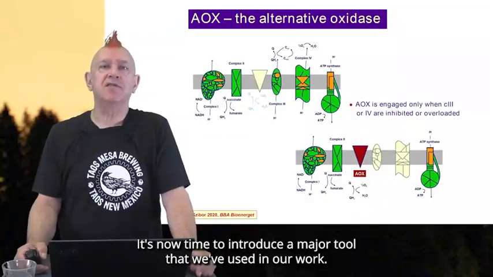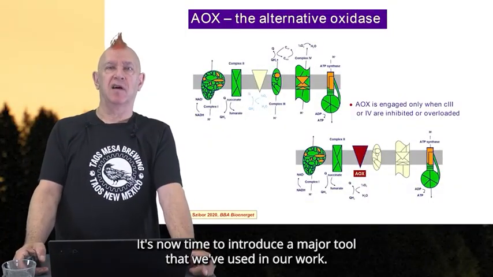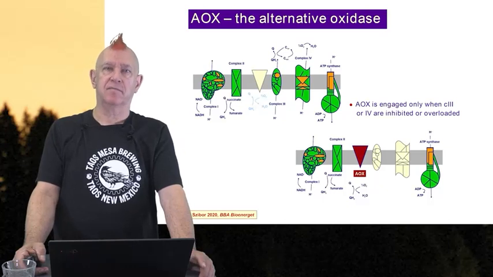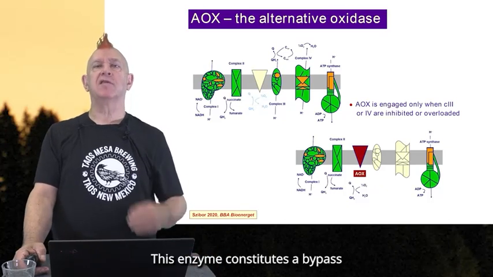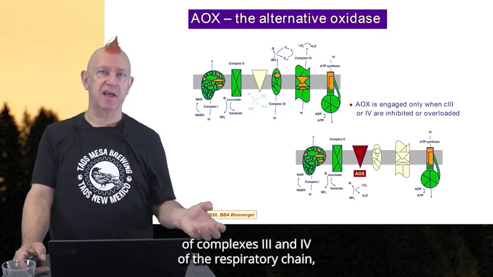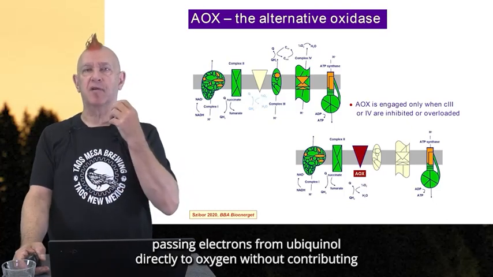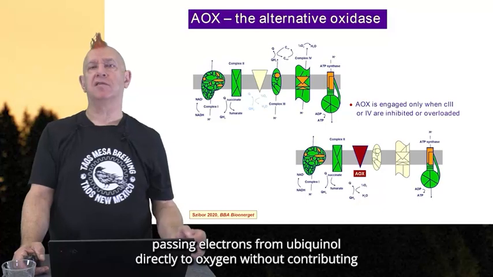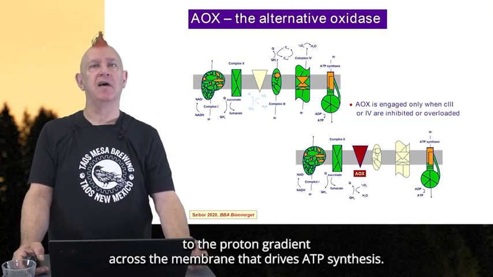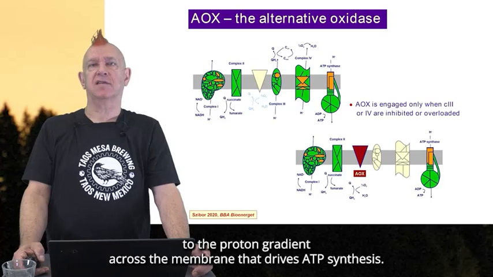It's now time to introduce a major tool that we've used in our work, the alternative oxidase AOX. This enzyme constitutes a bypass of complexes 3 and 4 of the respiratory chain, passing electrons from ubiquinol directly to oxygen without contributing to the proton gradient across the membrane that drives ATP synthesis.